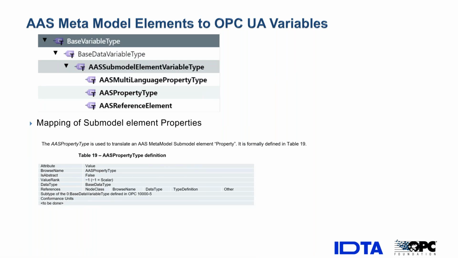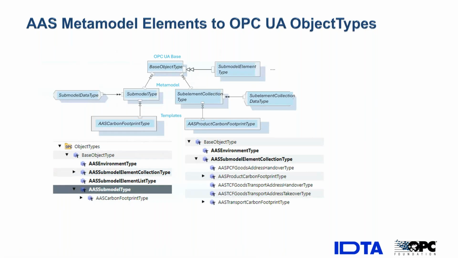And on the other side, elements that have a structural meaning can directly be mapped to object types or subtypes of object types. So you can create your AAS submodel template structure one-to-one using UA objects to model the structures and UA variables to model the values or the variables that have values.